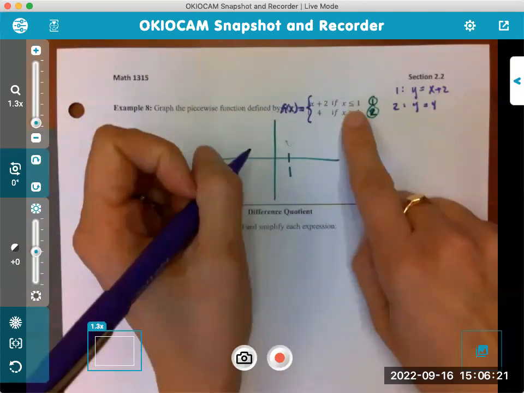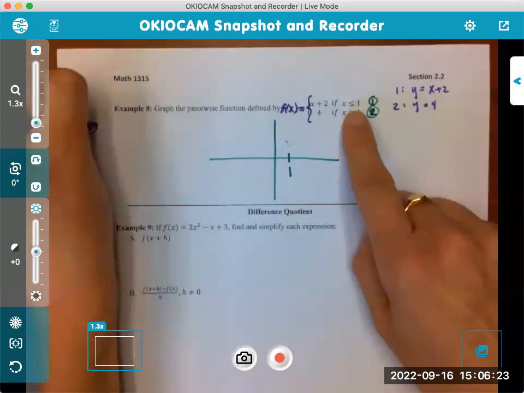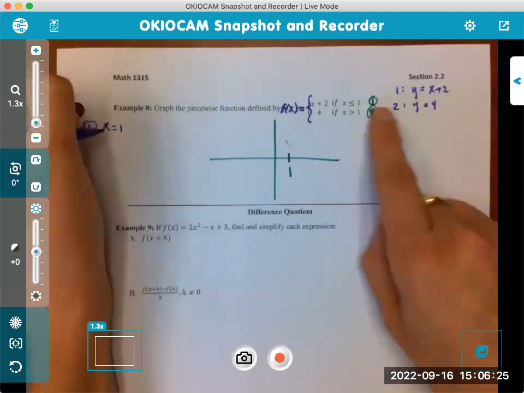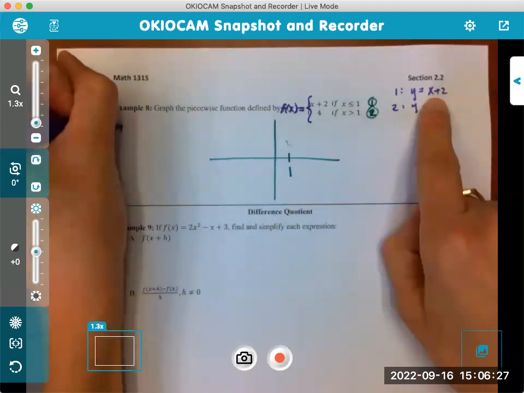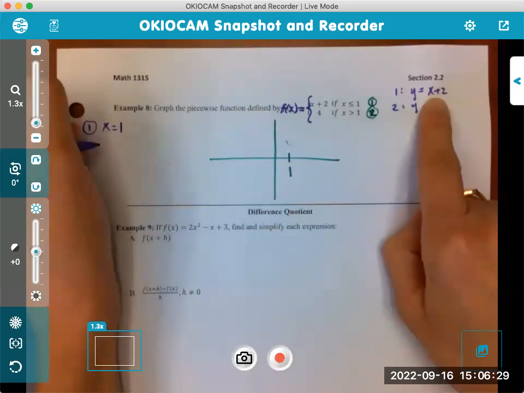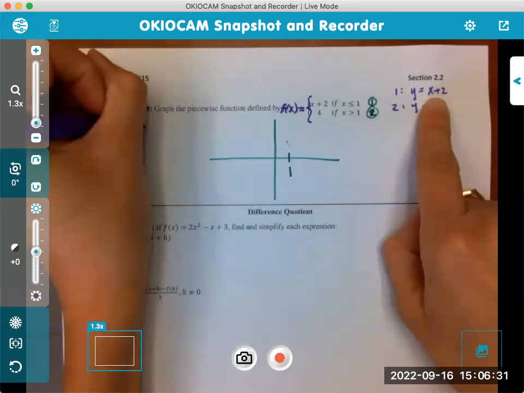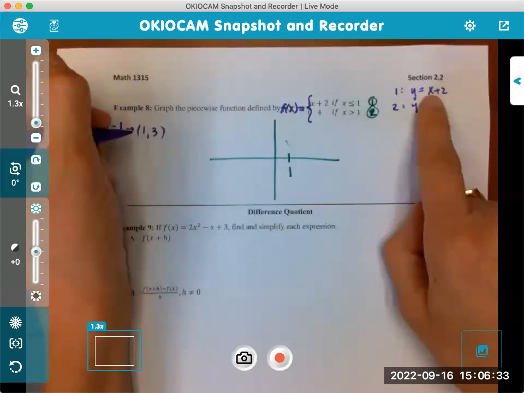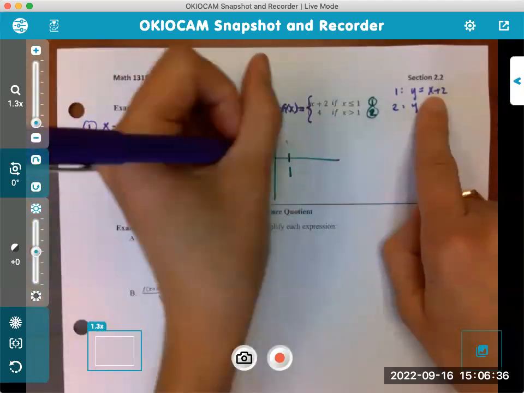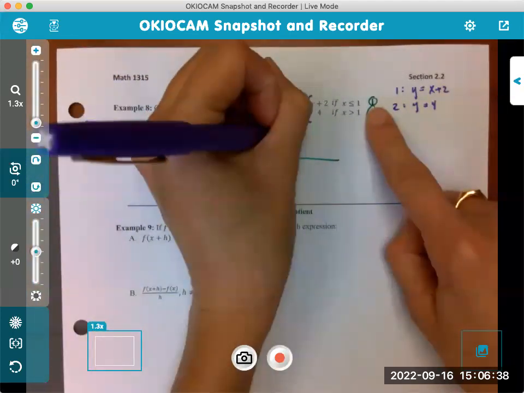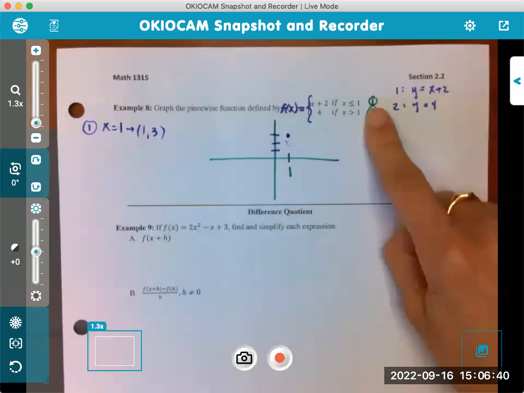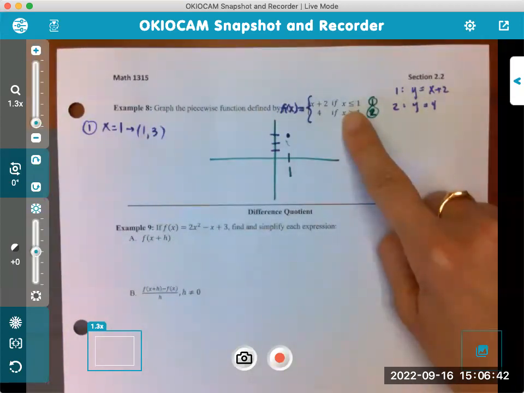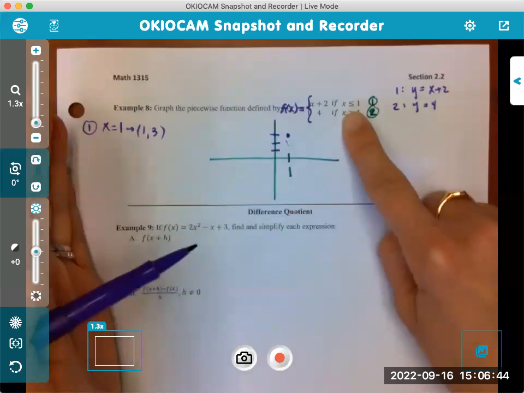So if I have, for rule 1, x equals 1, then I know I have the point 1 comma 3 because 1 plus 2 is 3. So then 1, 2, 3. So filled in circle.